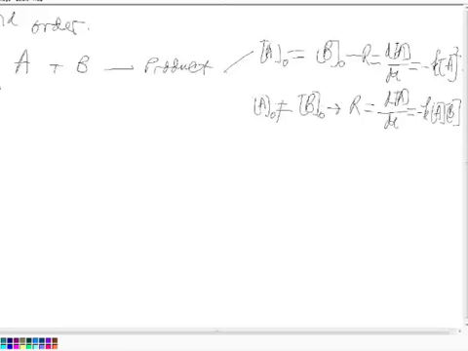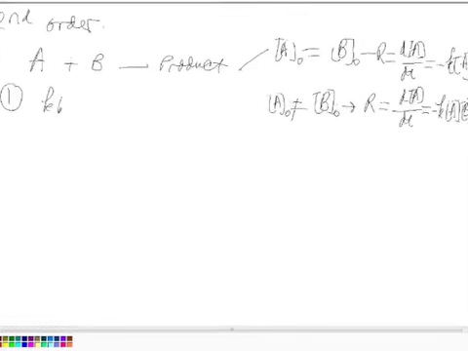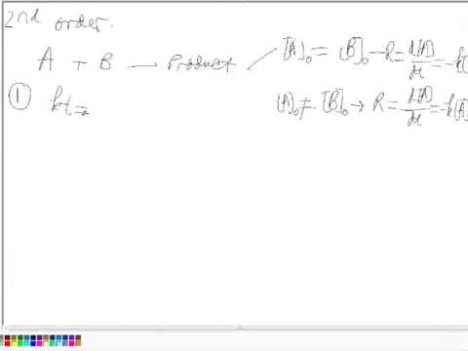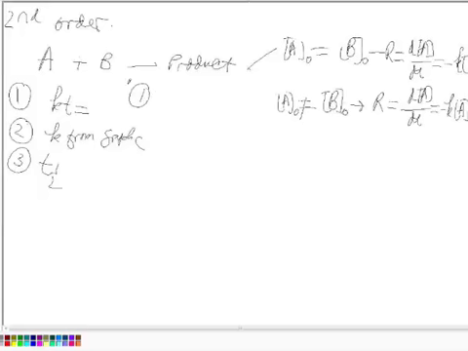Again, one is the equation for Kt, the second is K from the graph, and the third is t half, or half-life. Now we go to the first one.